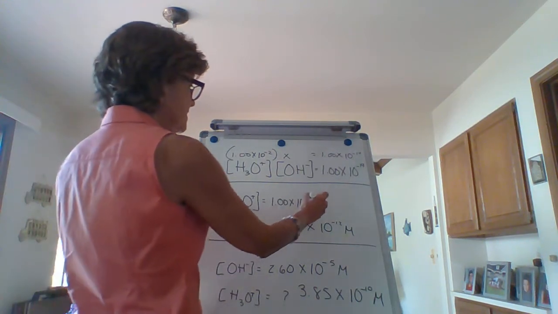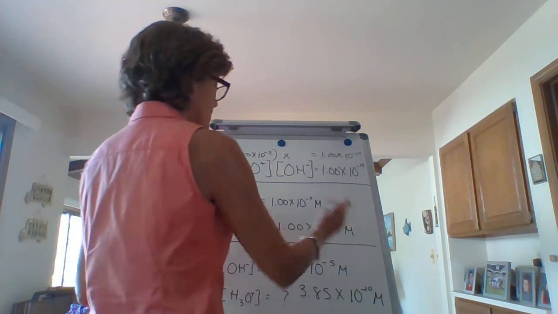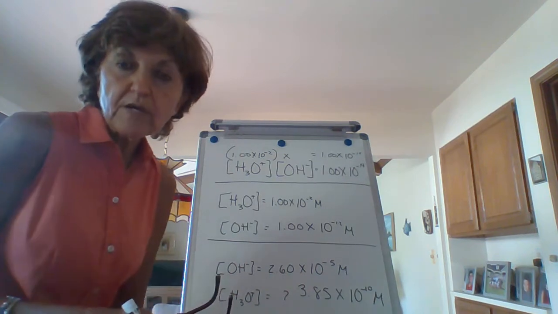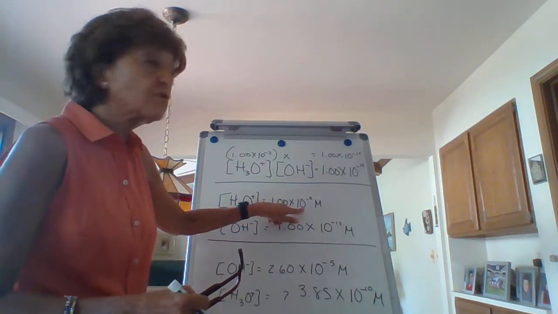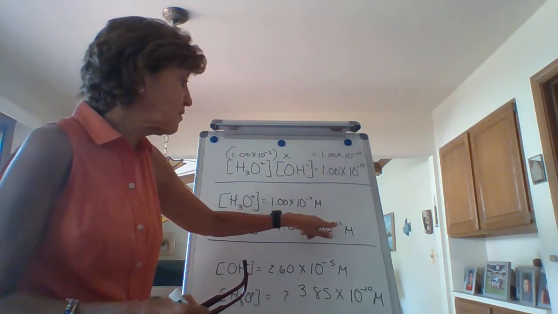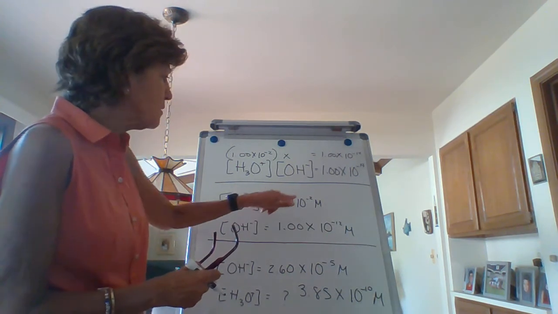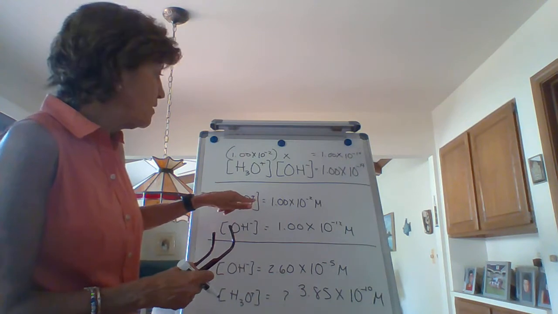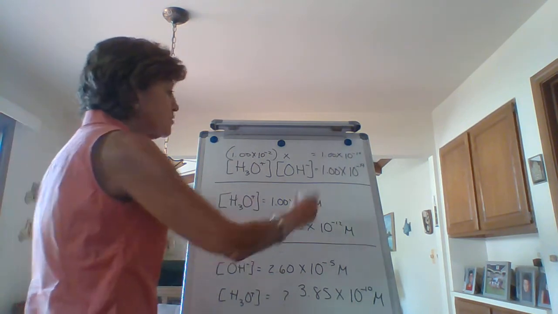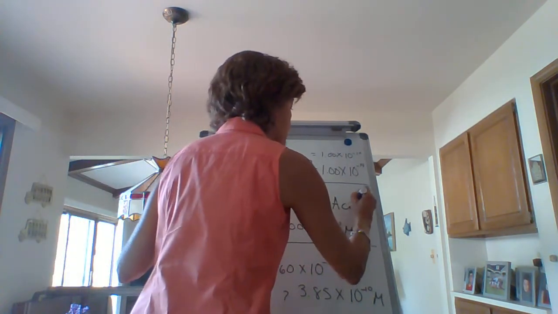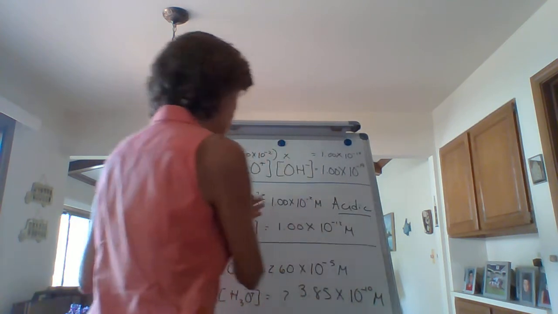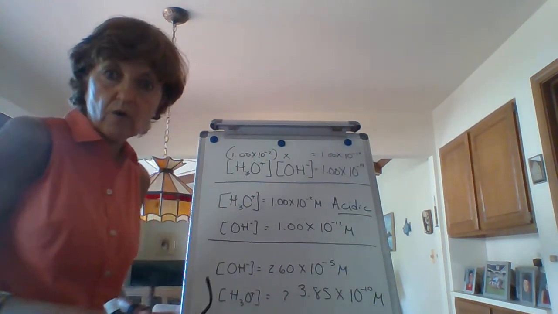This is 1 times 10 to the minus 2. This is 1 times 10 to the minus 12. Which is a bigger number? 1 times 10 to the minus 2 is a much bigger number than this one, because minus 12 means you move the decimal 12 places to the left. Really tiny number. This one is only 2 places to the left. So this solution here is acidic. Why? Because the hydronium is more than the hydroxide.